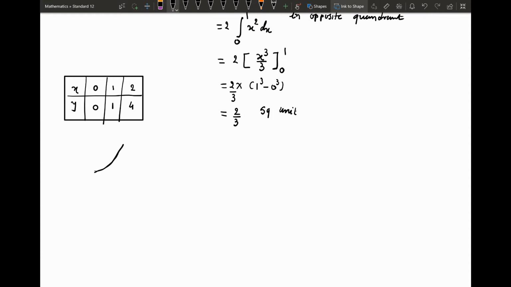Similarly, if you take negative values for x, then you will get a shape of this form. This portion is for positive x and this portion is for negative x. You can draw the graph using this method.